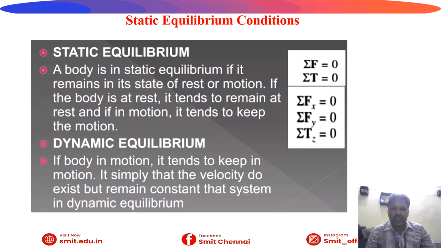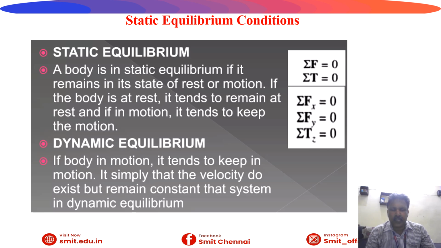Now, what does static equilibrium mean? The body is in static equilibrium if it remains in its state of rest or motion. If the body is at rest, it tends to remain at rest, and if in motion, it tends to keep the motion.